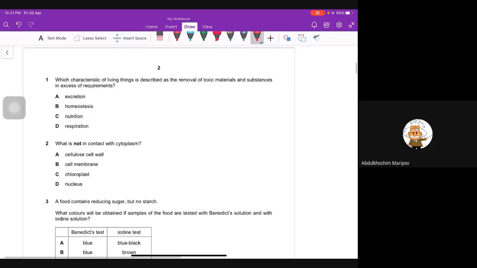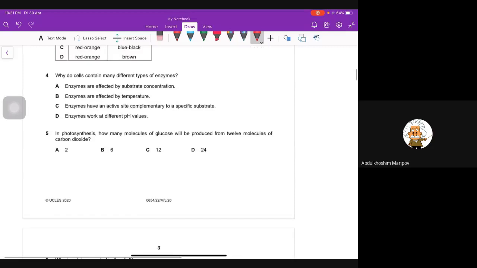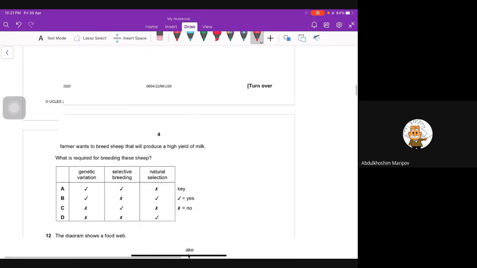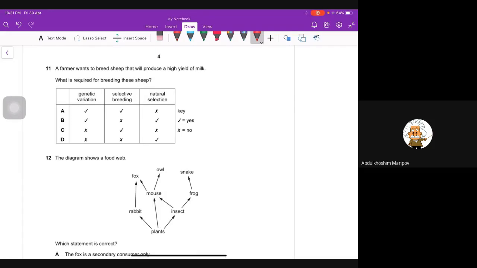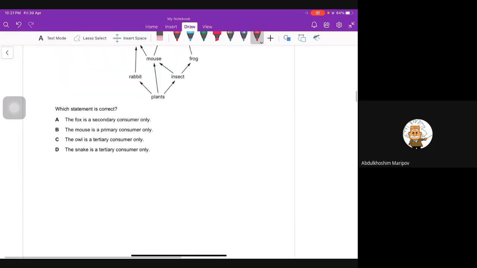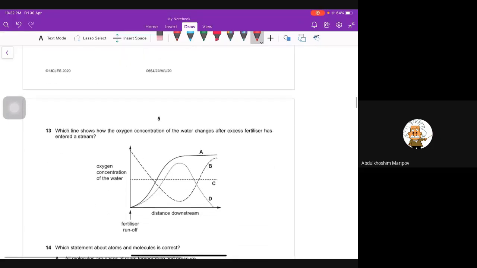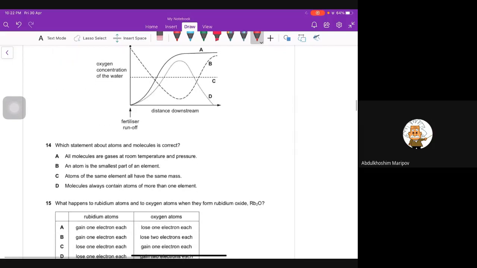So let's get started. First question, living things, so biology, I guess. Question 8, cells, biology. Genetic, biology, I guess. Fox, mouse, all biology. Question 12, fertilizer, probably biology. Nucleus, about atom and nucleus, probably starting from 14 is chemistry now.